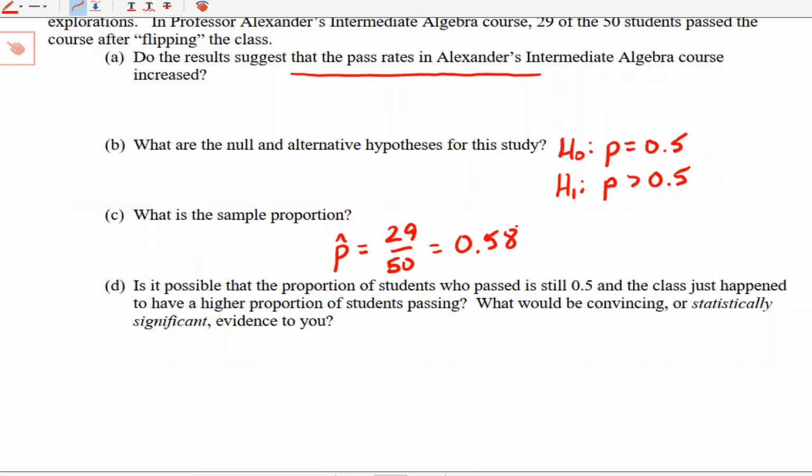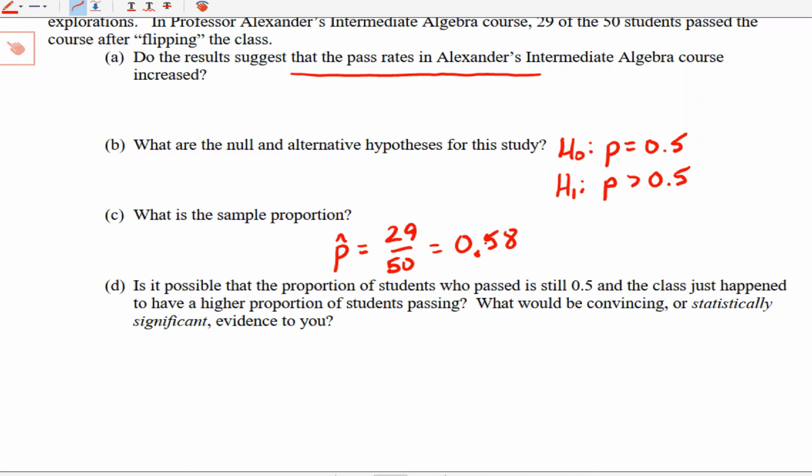But the question is whether or not this pass rate of 0.58 is statistically significant. In other words, are you convinced, based on just these 50 students, that flipping the classroom really has increased the pass rate beyond 0.5? And maybe Alexander should recommend that all instructors start flipping the classroom.